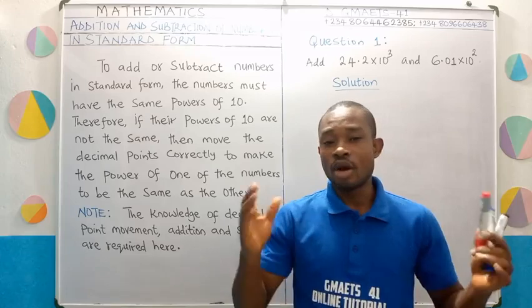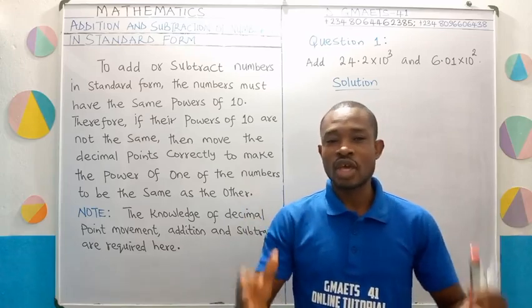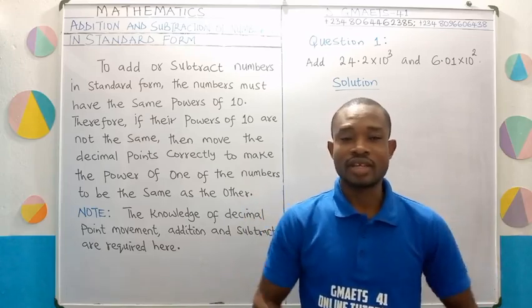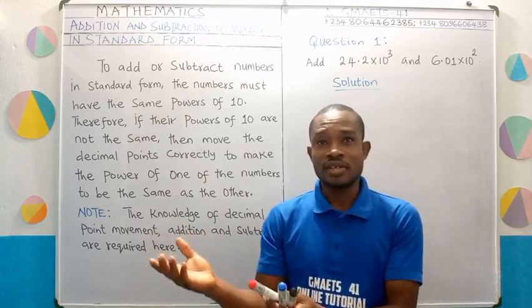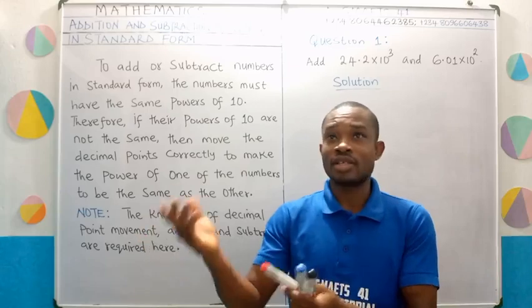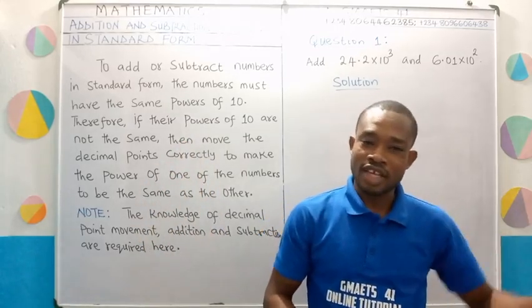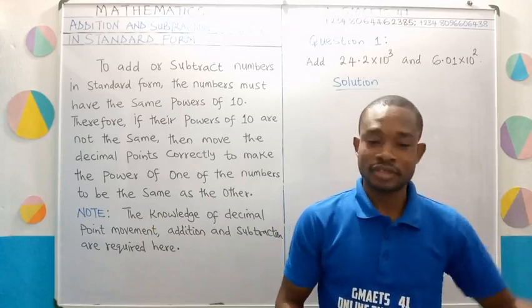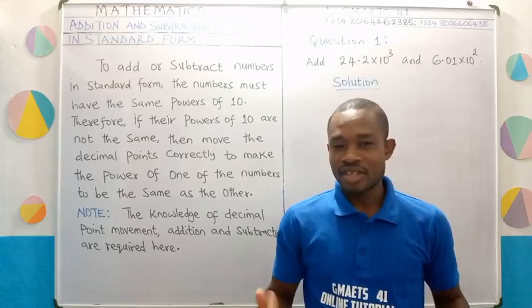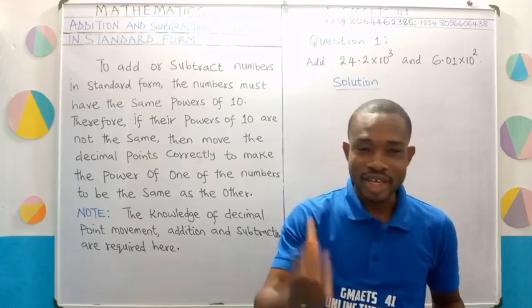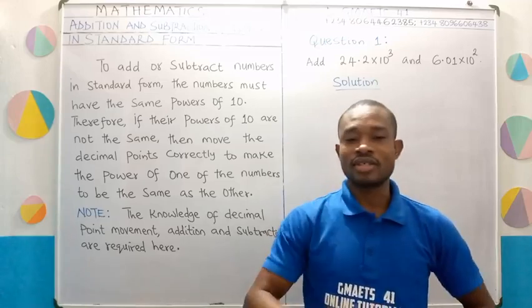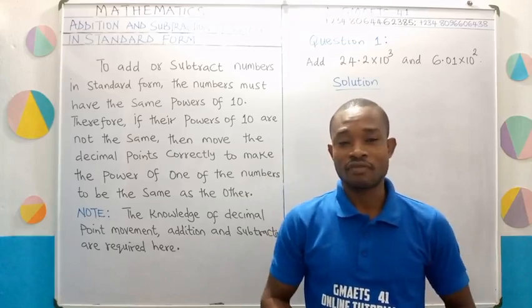That is to say that the numbers must have the same powers of 10. Let's assume that the power of 10 in one is minus 5. Then the other number, the power of 10 there, should also be minus 5. That is the condition under which you can add or subtract the numbers in standard form.